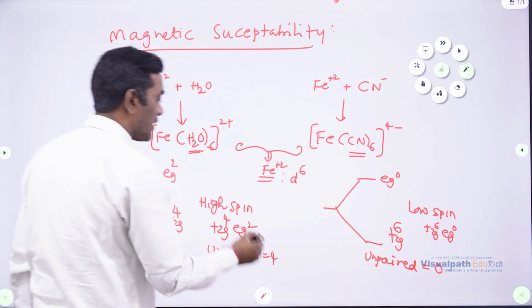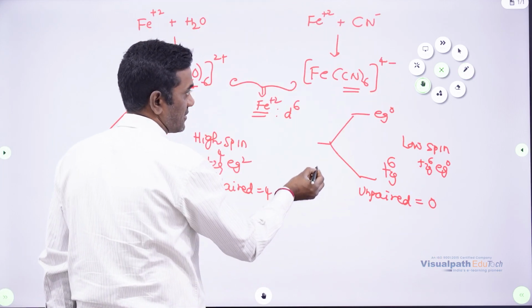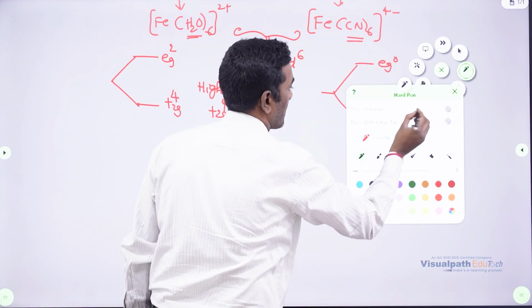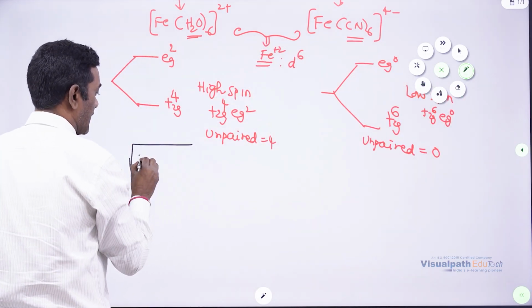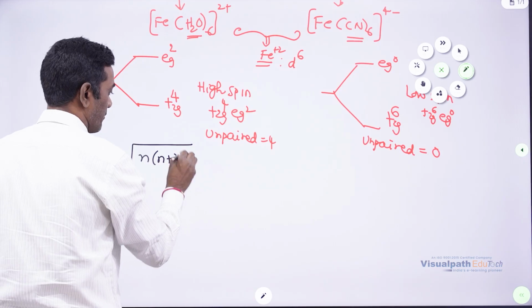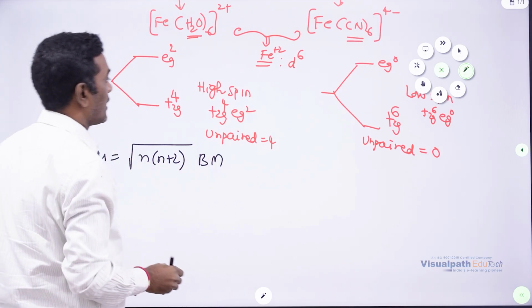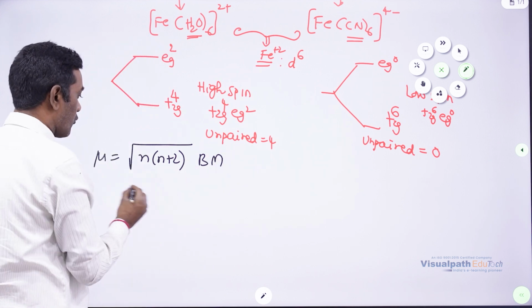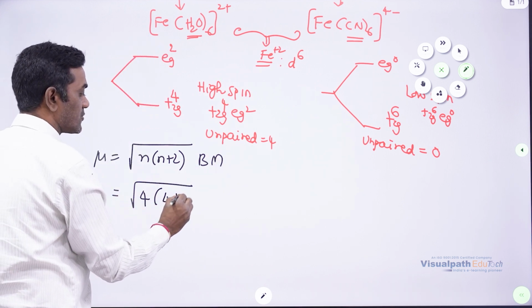0. Already just now we have discussed that magnetic moment formula. What is the magnetic moment formula? Root over n into n plus 2 Bohr magnetons. Right? For this complex, what is the magnetic moment going to be? 4 unpaired electrons. Root over 4 into 4 plus 2.